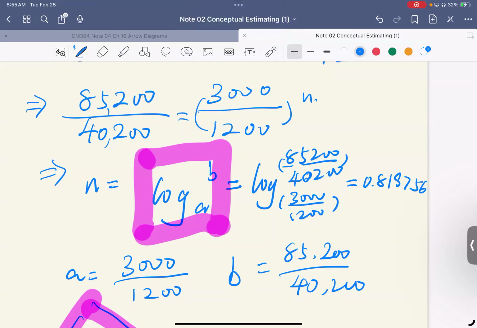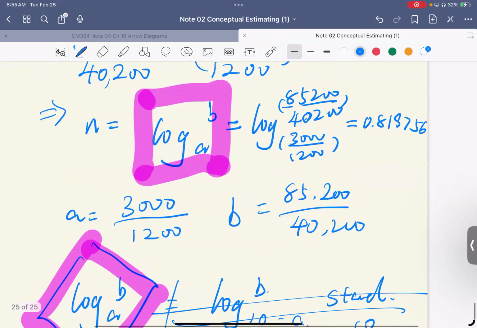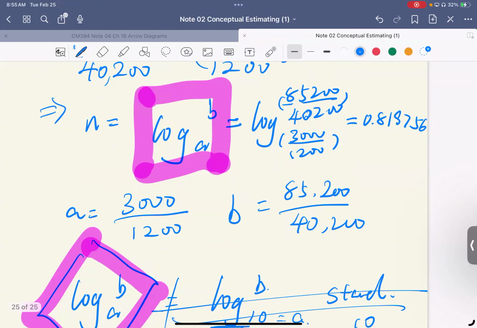If you don't have a calculator to help you do this, you can use Excel to do it, right? So you are typing those into Excel: LOG and the brackets.